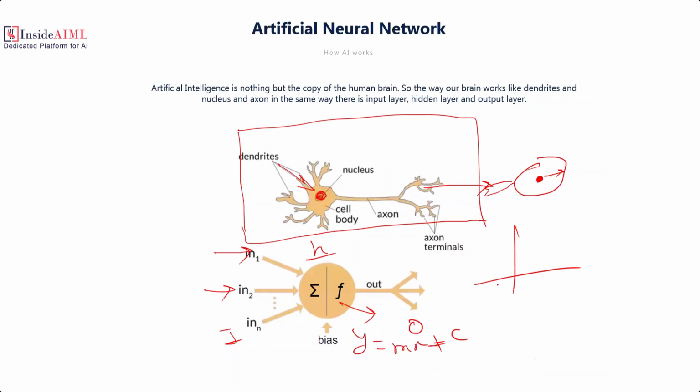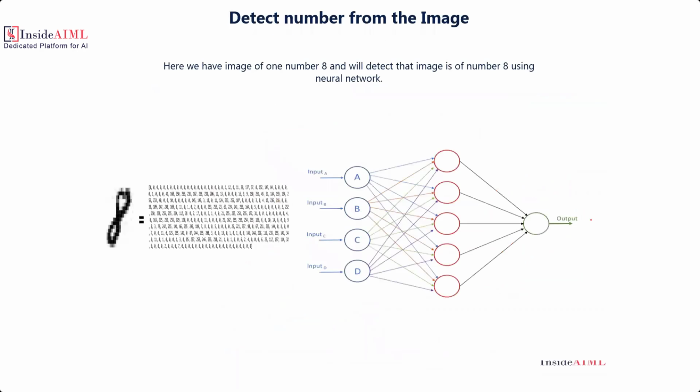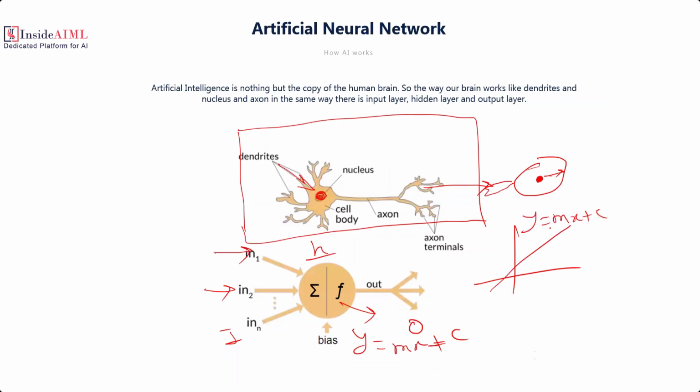So when we draw the linear line of equation, we write it like y is equal to mx plus c. So simple, this type of formulas are there in this. So we want to do some prediction: we have some data, like salary information, his age, his gender.